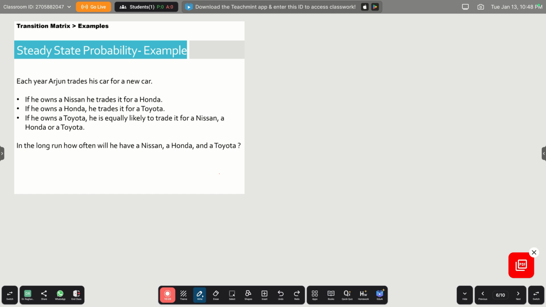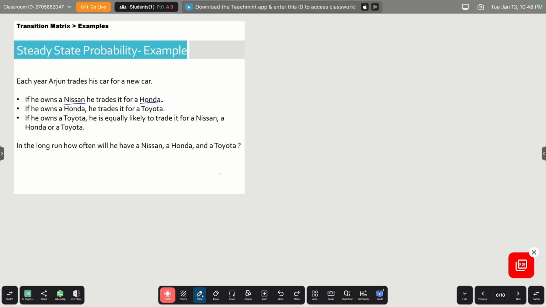If he owns a Nissan, he trades for a Honda. If he owns a Honda, he trades it for a Toyota. If he owns a Toyota, he is equally likely to trade it for a Nissan, a Honda or a Toyota. Now I want to calculate in the long run how often he will have a Nissan, a Honda and a Toyota.